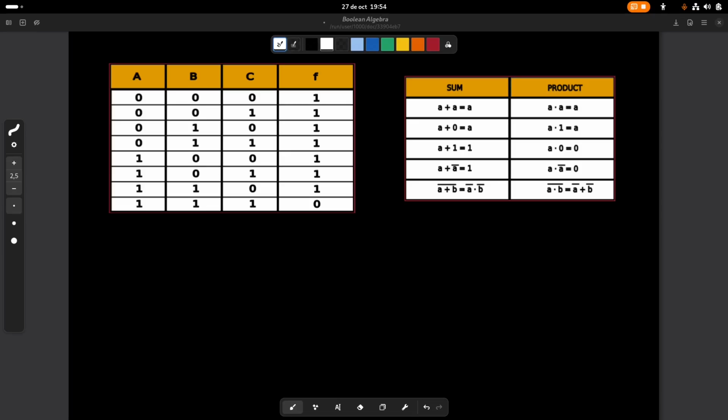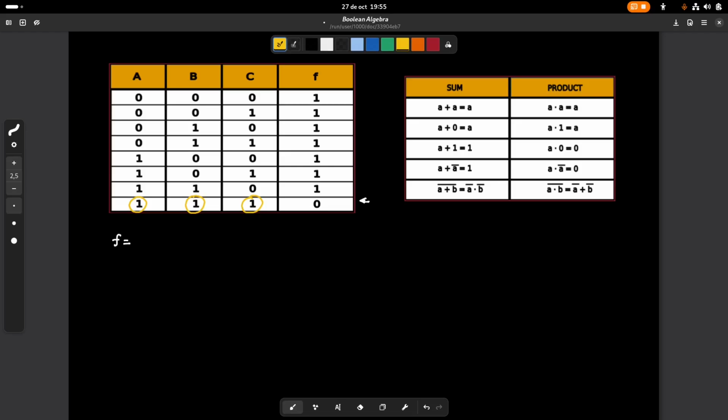To do this, we have to see where the function equals 0, which is this term, and I would write F as the terms that produce this 0, all of them with an OR function, and by negating these terms.